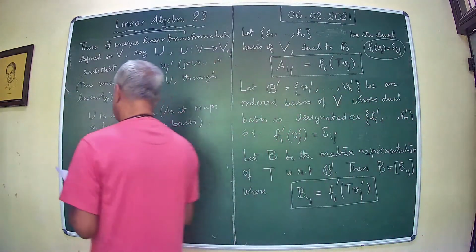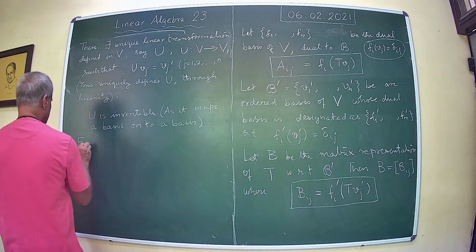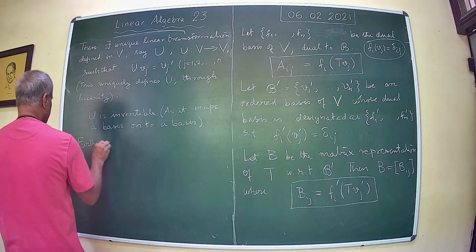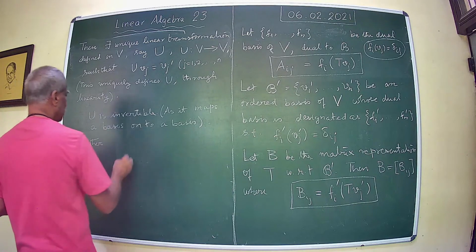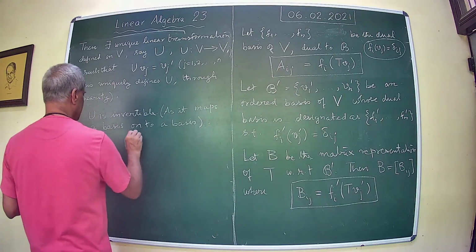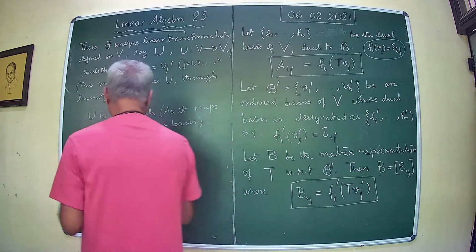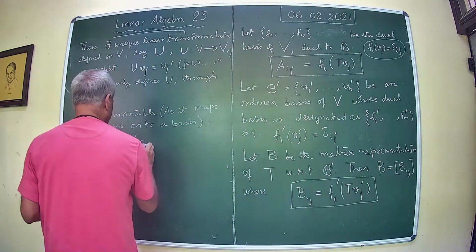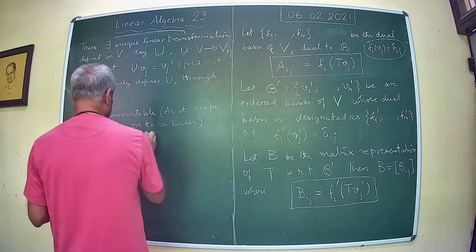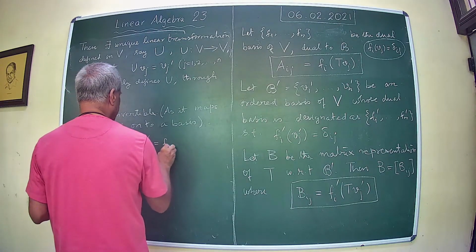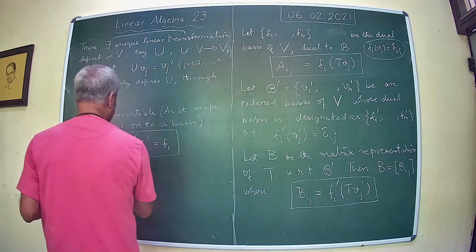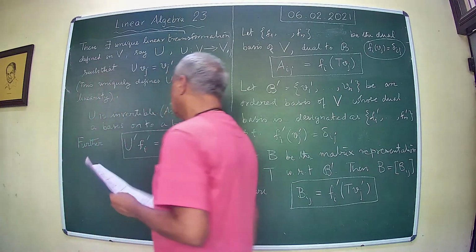Further, U transpose acts on Fi prime to give you Fi. This is the connection between U transpose.